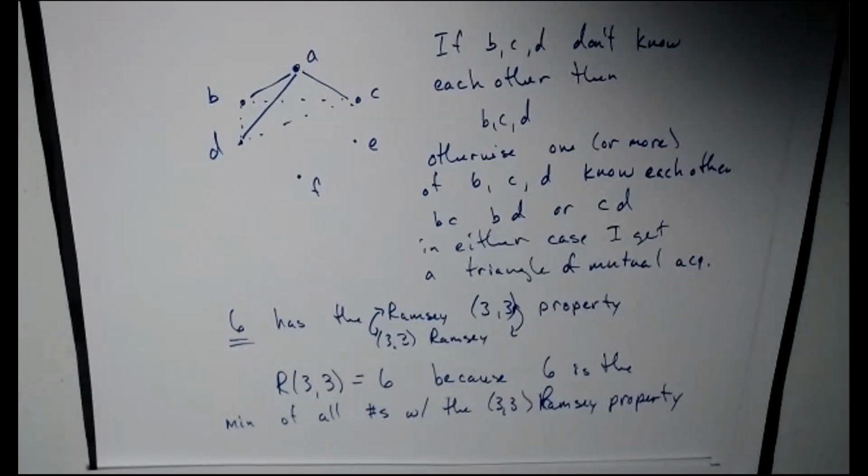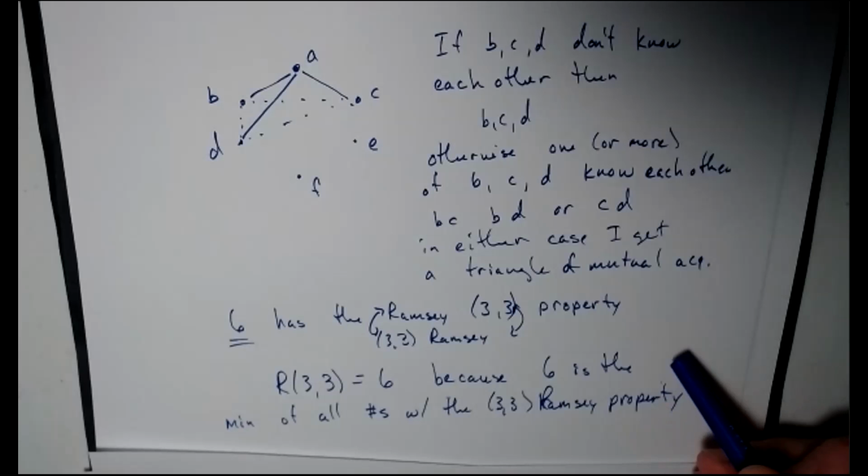And so let me phrase it here in the way we're going to talk about it in chapter 3, the graph theory chapter: any graph with 6 nodes either has a complete subgraph on 3 nodes or an empty subgraph on 3 nodes. So of course, if it has a complete subgraph on 5 nodes or 6 nodes, it would have a complete subgraph on 3 nodes, and that would be enough to satisfy the property.